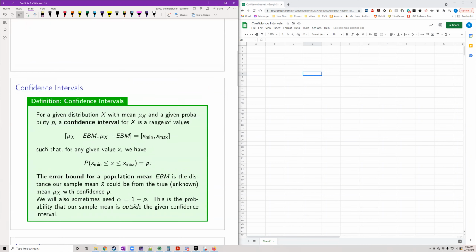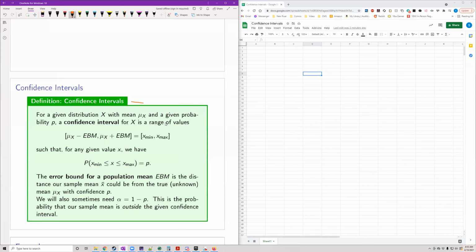A confidence interval for a certain distribution, if we know the mean, is a range of values centered around the mean where a certain percent of the values are going to be within this range.